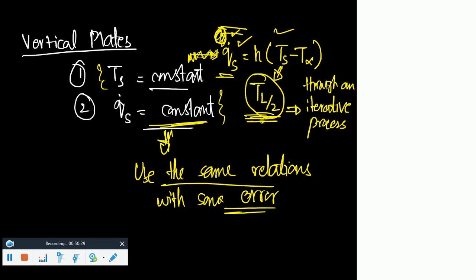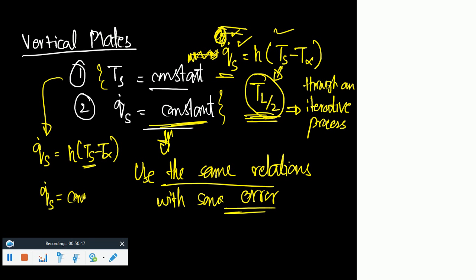Still you can find it out, but the point is, to find Q dot S for the first condition, do you feel any kind of difficulty? Not at all. But if you have Q dot S equal to constant, then how can you apply this principle, Newton's law of cooling?